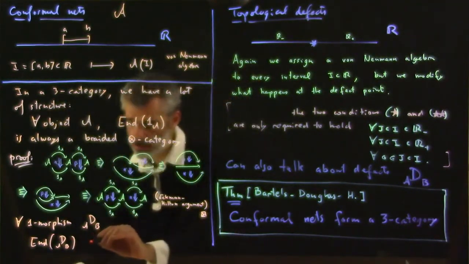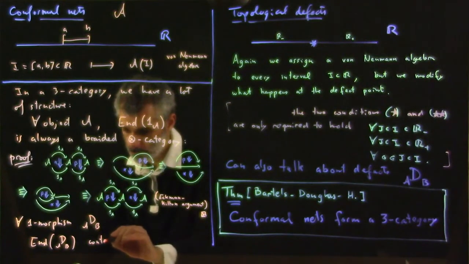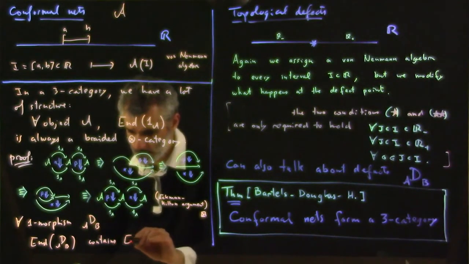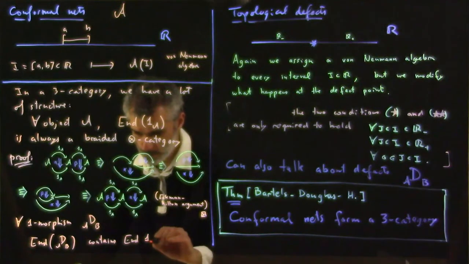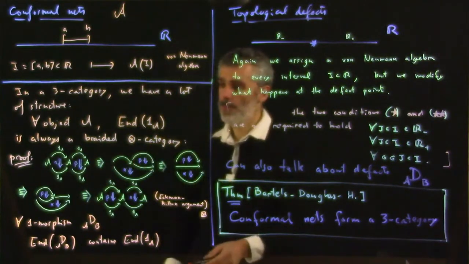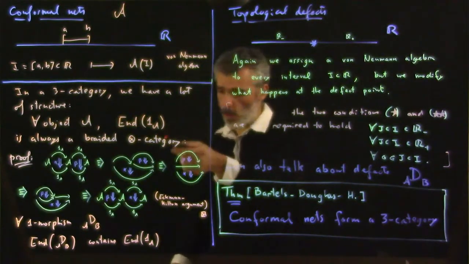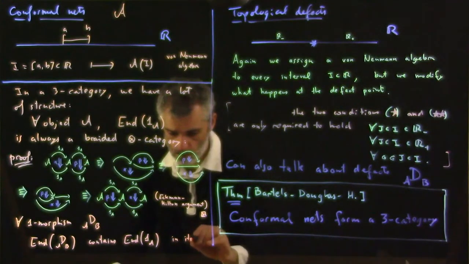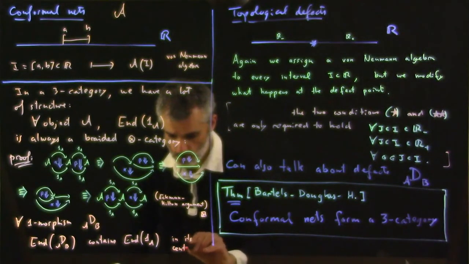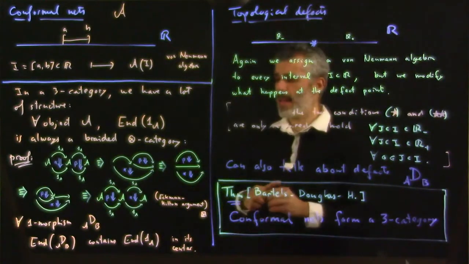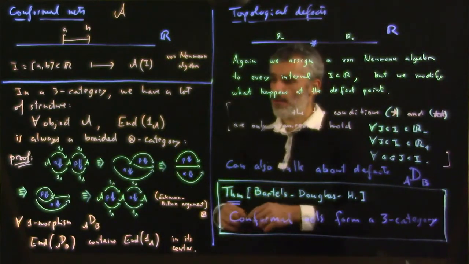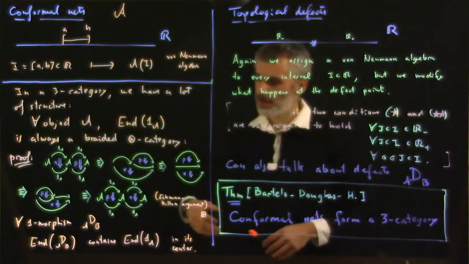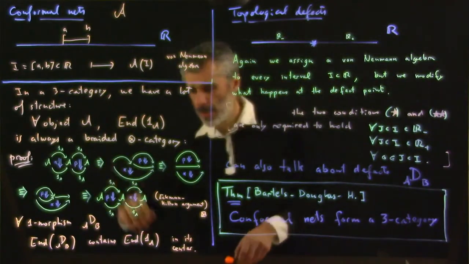That contains this thing up there, endomorphisms of 1_A, in its center, in its principal center. And again, this is a completely general fact about three-categories, and well, I will spare you the proof of that.